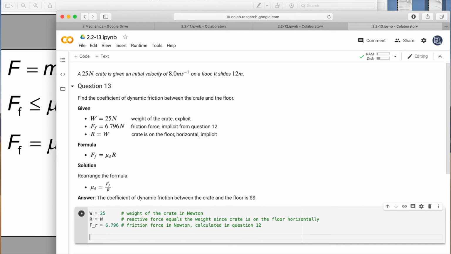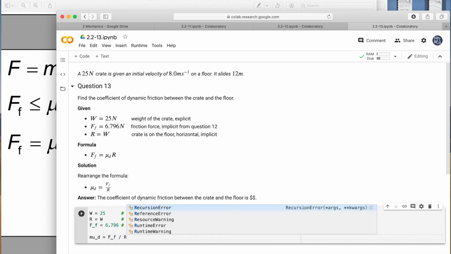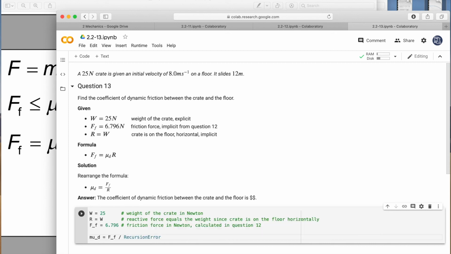To use our rearranged formula, let's call it mu dynamic, and it should be F friction, not F friction, divided by R.